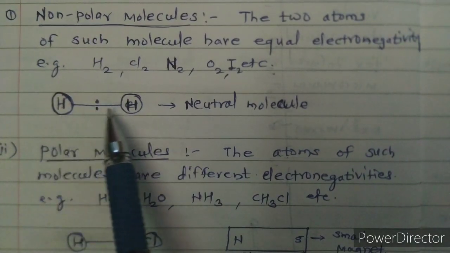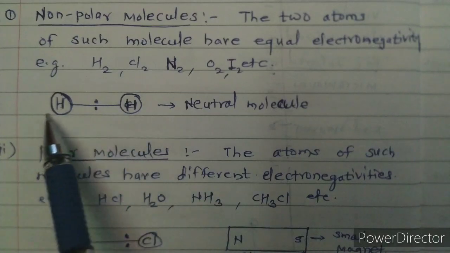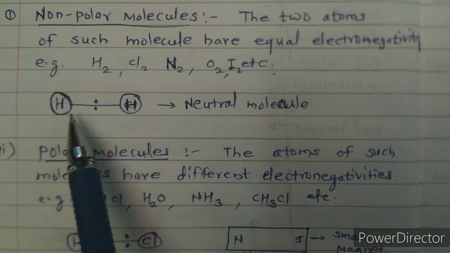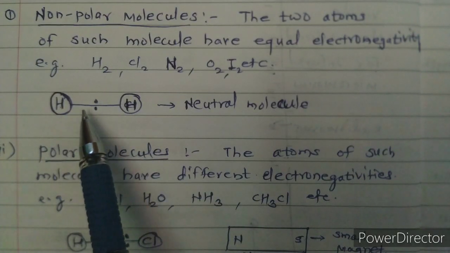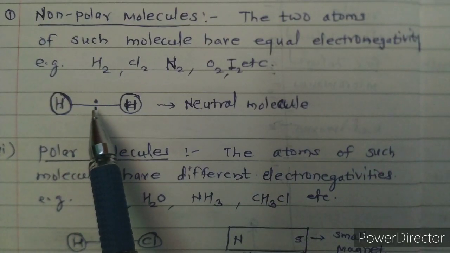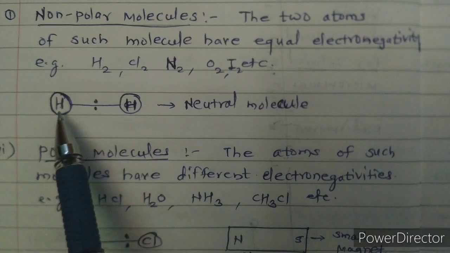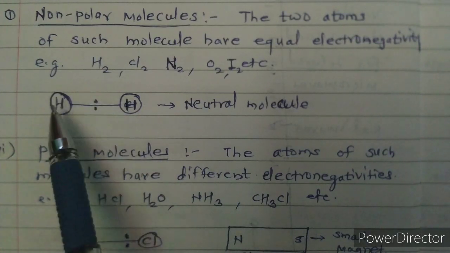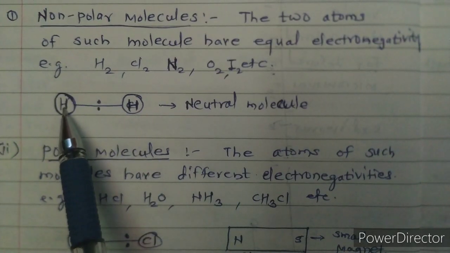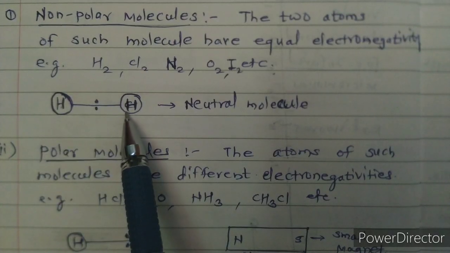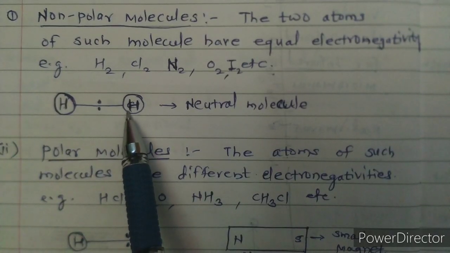The bond between these two hydrogen atoms is a covalent bond, and in a covalent bond the sharing of electrons takes place. Both the atoms of the H2 molecule are similar, here it is a hydrogen atom and here it is also a hydrogen atom.